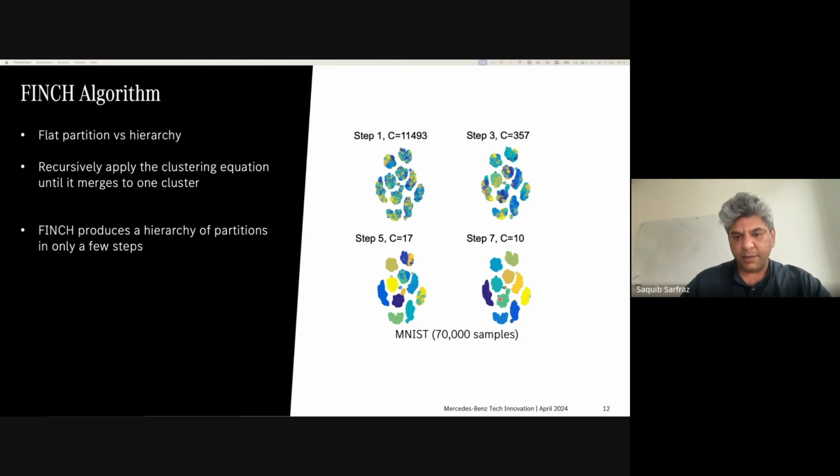And here applying recursively also means that at each step we need to merge clusters now, not the samples, right? So in the first step, we get some clusters, and then in the second step, we want to merge those clusters to form another level of hierarchy. And this can typically be done by finding the first neighbor of each cluster.